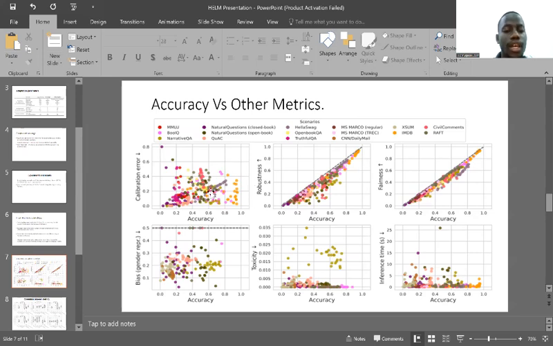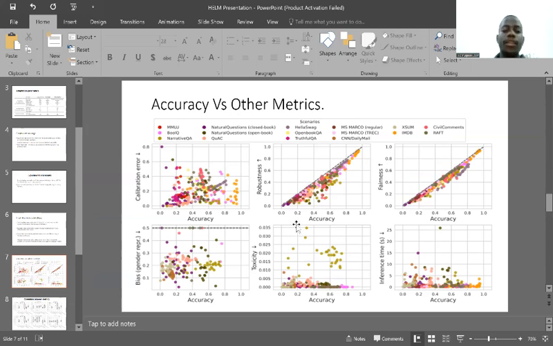So the dots that we are seeing here are the different scenarios, the 16 core scenarios that were used in this evaluation. So we can see that accuracy and calibration error had a very scattered relationship or correlation amongst all the 16 scenarios.